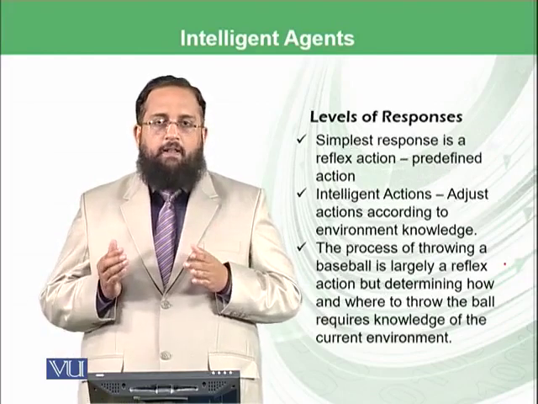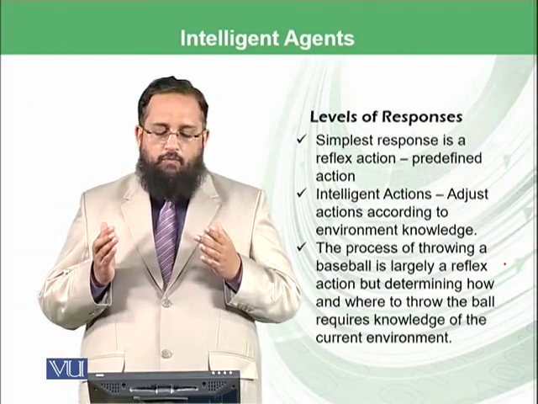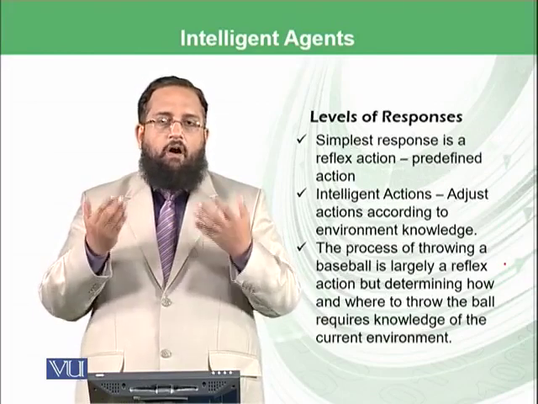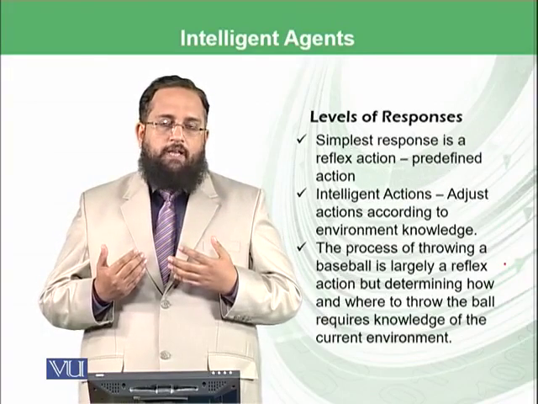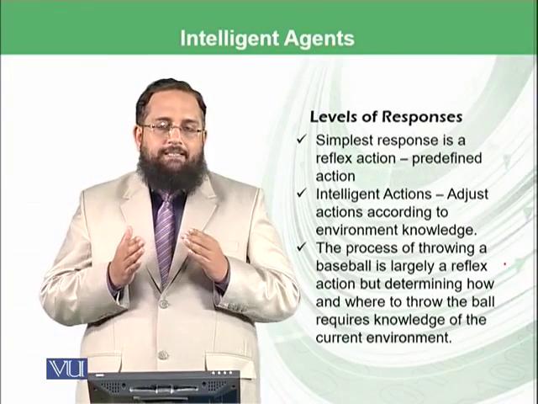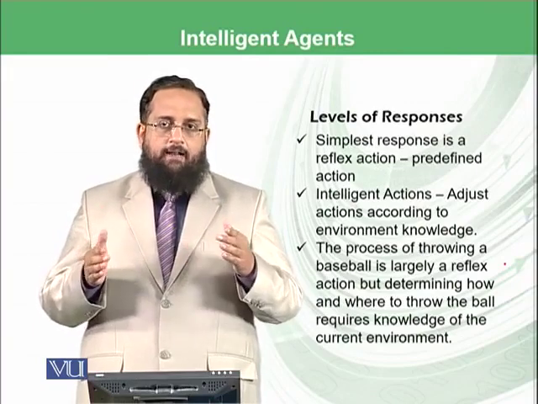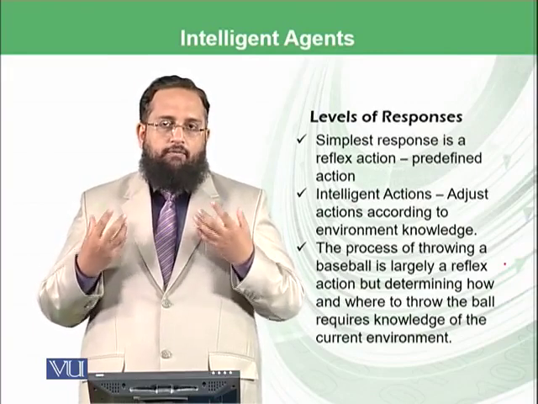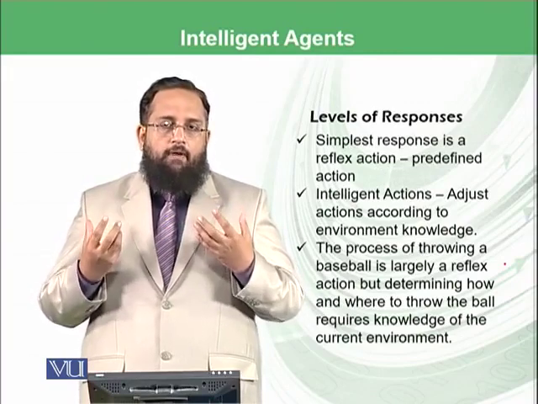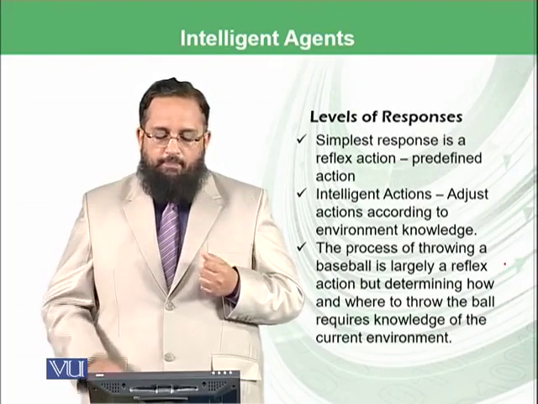For example, the simplest response could be a reflex action, which is already programmed. Whenever you see this thing, you should do this and that. So this is a kind of reflex action or pre-programmed behavior which has been built into the robot.